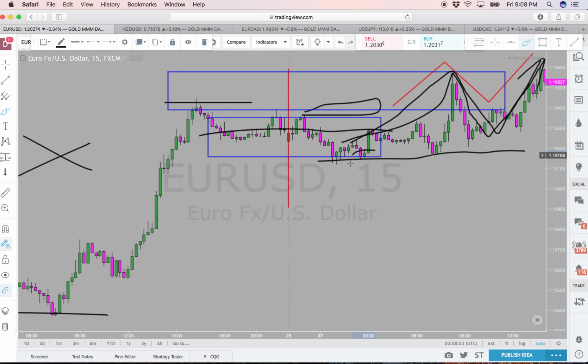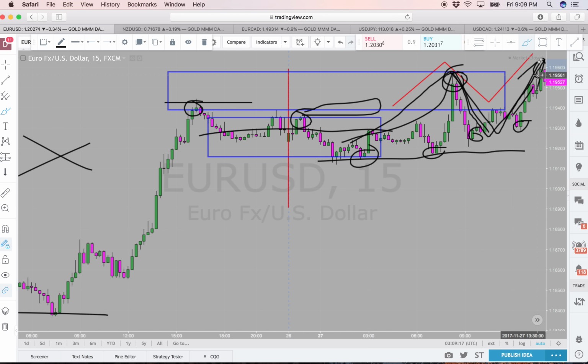So here's the low, here's a higher low, here's a higher high, because right here's the high of the day and the high of the previous day. So we're already creating higher highs. Comes back down, creates a higher low, another higher low, and then comes back up, creates that higher high.